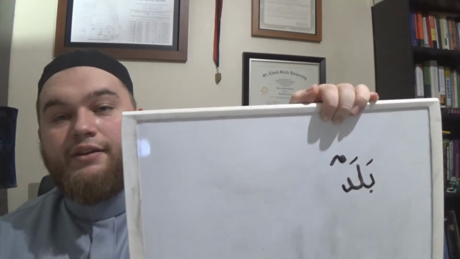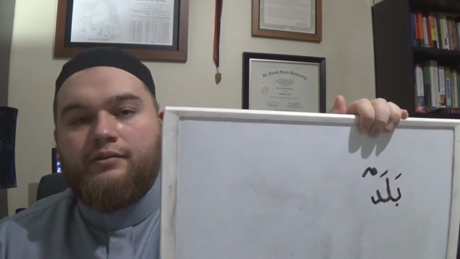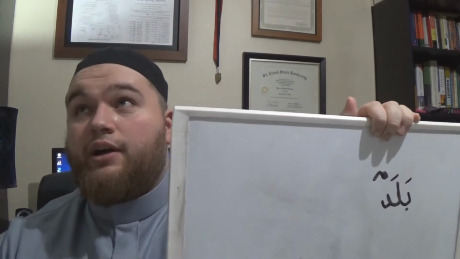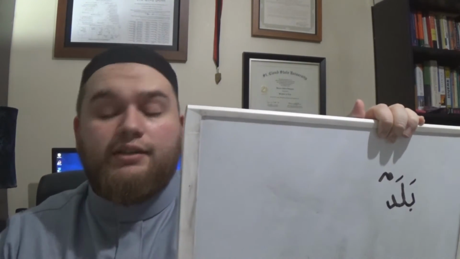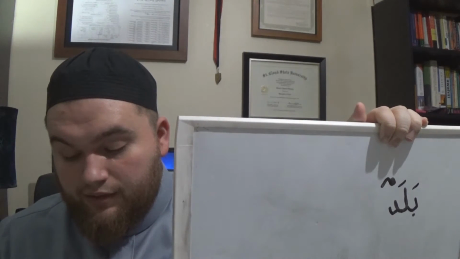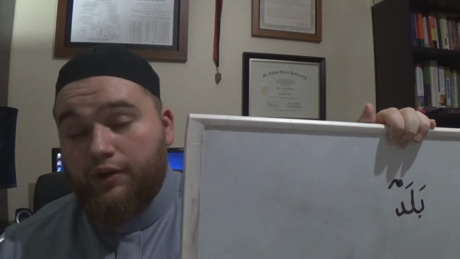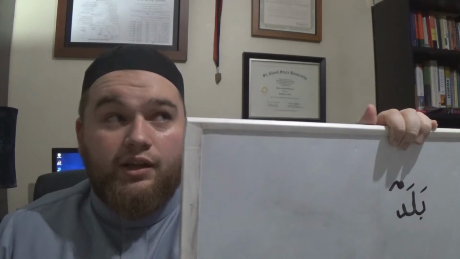So this is beledun, which means a land. You're talking about a piece of land, or you could say beledi, my land, or belad, which is more like the plural.